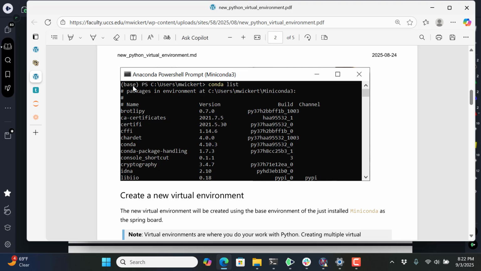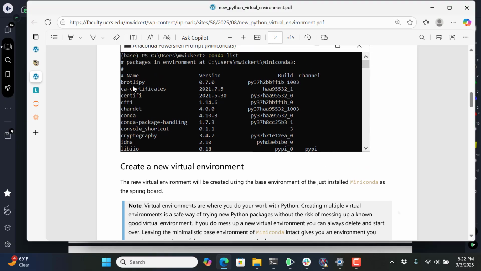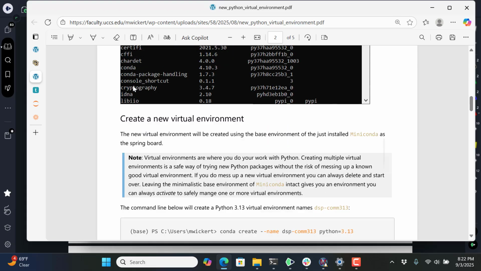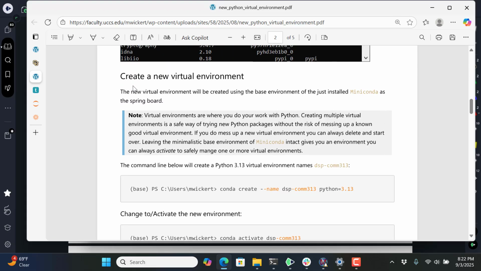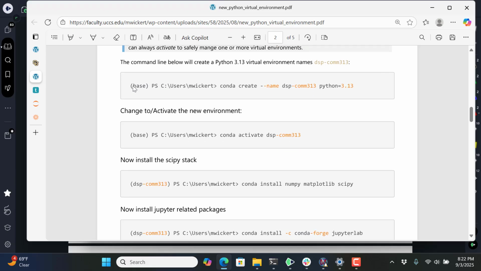That way, if anything gets messed up in your virtual environment, you can delete it and use your base installation to create another virtual environment. I talked through that here, but we're going to create a virtual environment called DSP-COM313. That's the very first line that you do once you get into the command prompt.